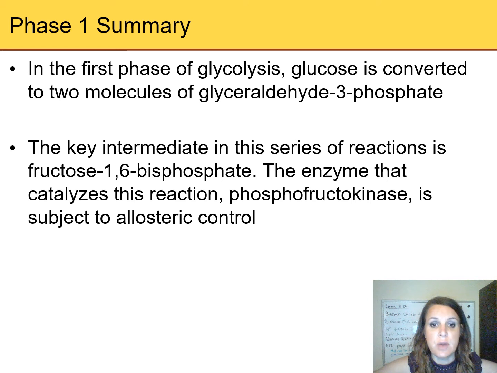It's the cell's way of detecting whether or not you're going to need more glucose broken down. When ATP levels are high, it inhibits phosphofructokinase activity, and when ATP levels are low, it stimulates phosphofructokinase activity, basically upregulating this phase of the reactions.